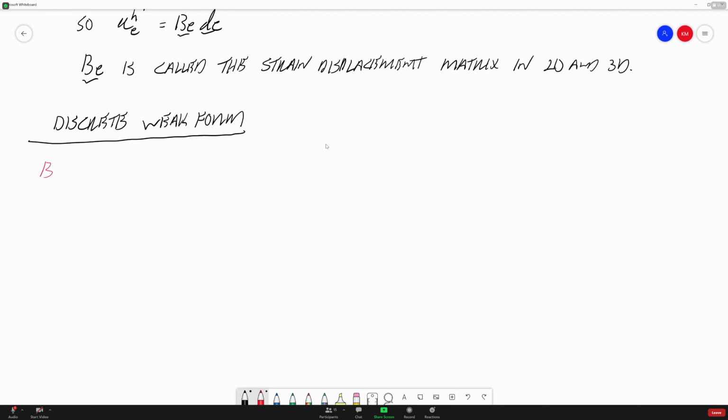So this discrete form, we have a bilinear functional, and it's U of H, W of H is equal to L, W of H. And U of H is equal to a trial solution. And W of H is equal to a test function.